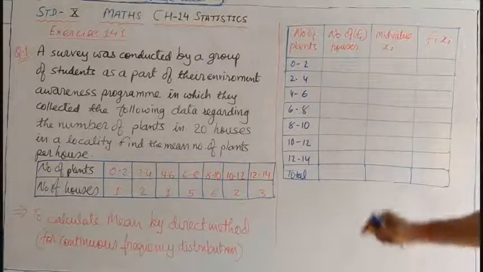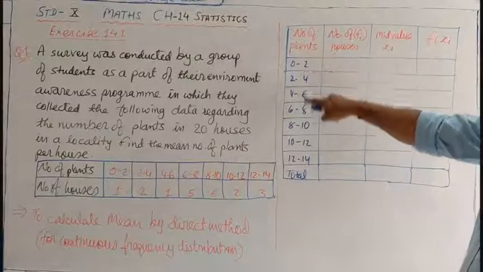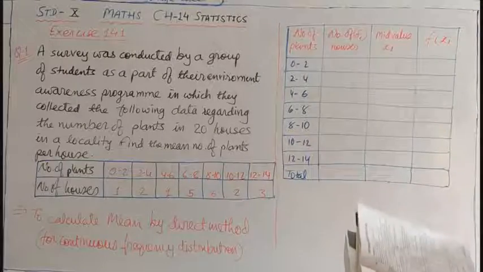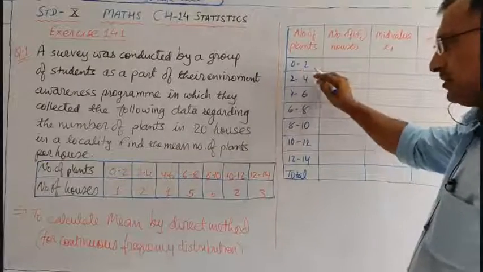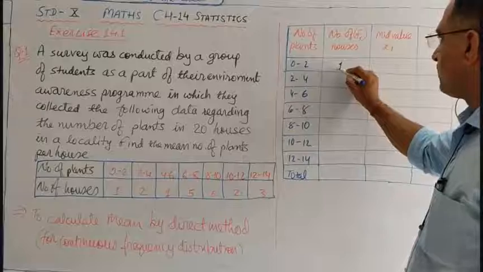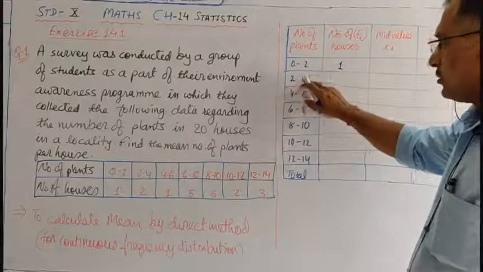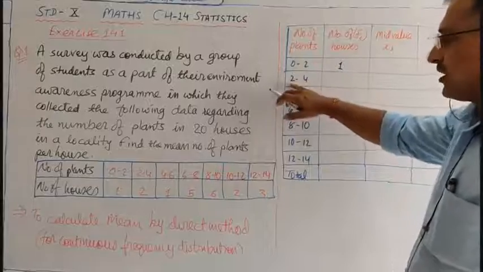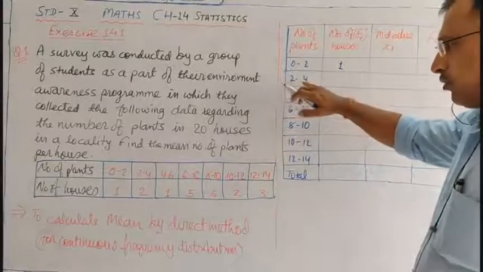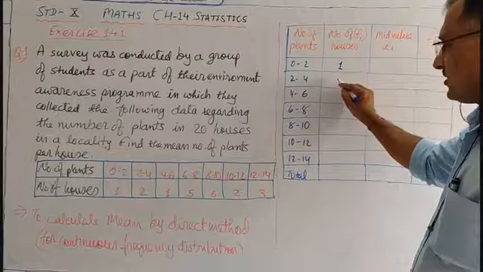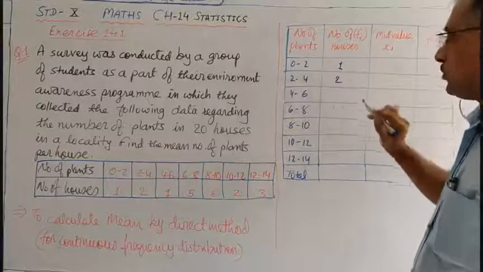So here we can calculate the mean. First of all, number of plants, then number of houses. So here 0 to 2 plants. How many houses are there? There is only one house having 0 plants or 1 plant or 2 plants, or less than 2 plants. But here, if there are 2 plants or more plants, but less than 4, there are 2 houses.